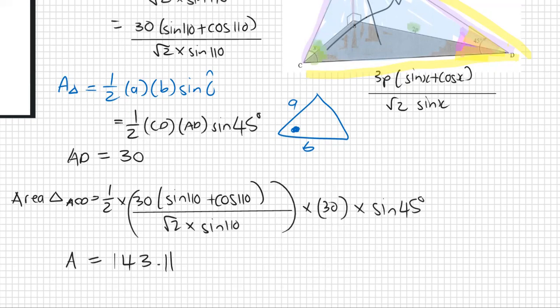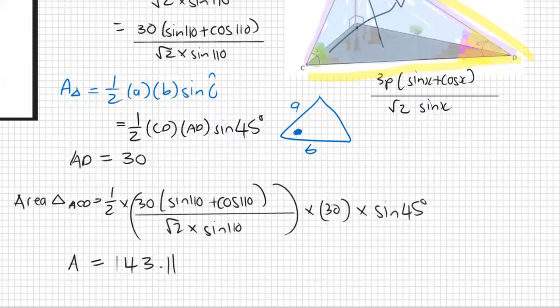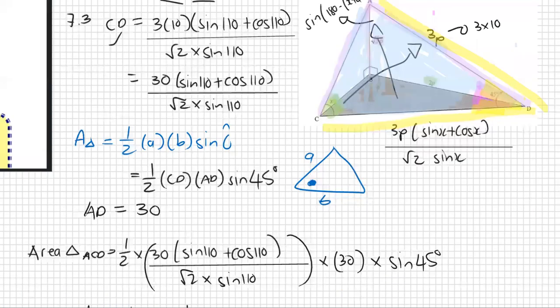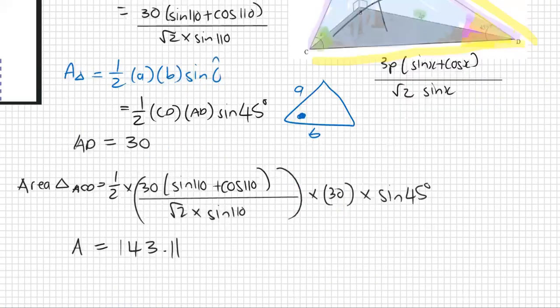Always go back and check your units. Meters, yes. So we're working in area, it's meters squared. That was 7.3. And that concludes question 7 of the 2022 November paper 2. Good.